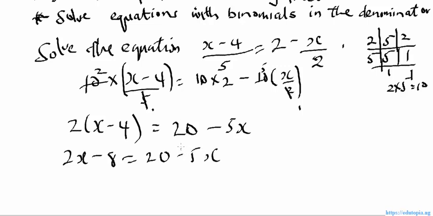Now let's try to take the ones with x to one side. Let's move minus 5x to this side simply by adding 5x to both sides.